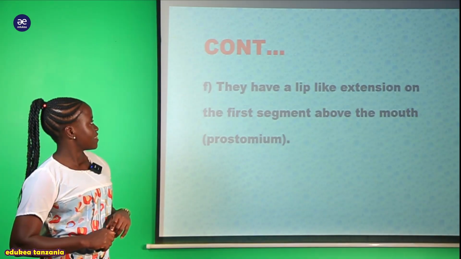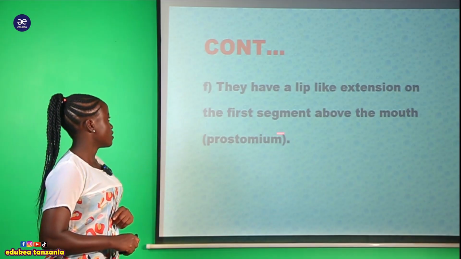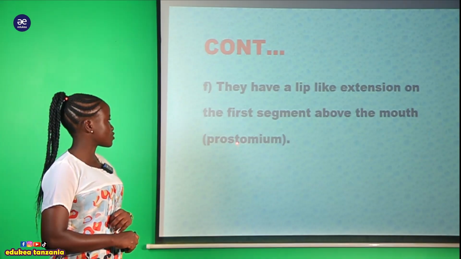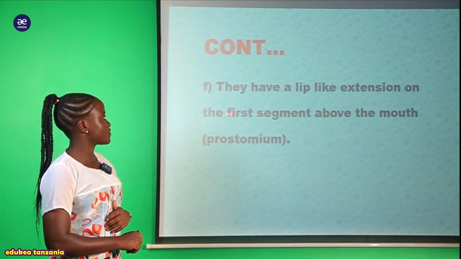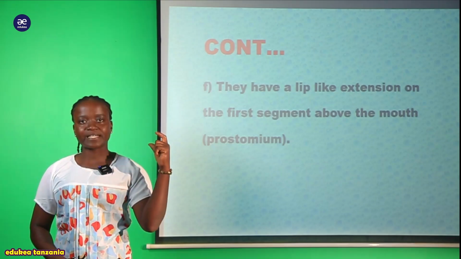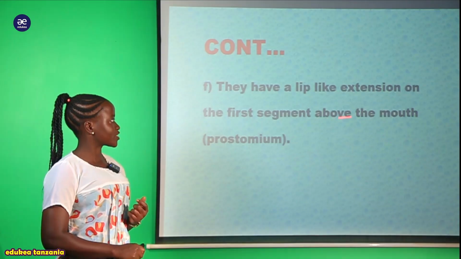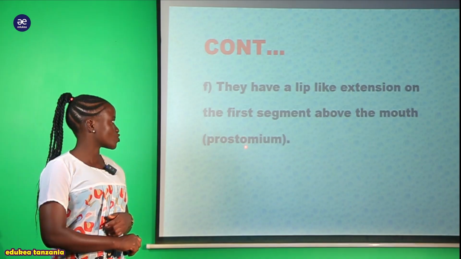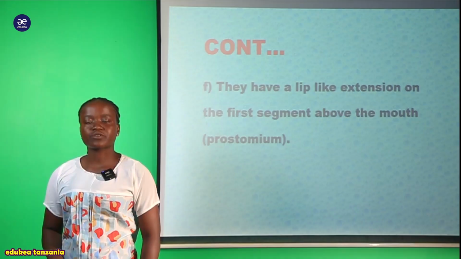We can say that they have a lip-like extension on the first segment above the mouth, which we call the prostomium. If you look at the first segment of their body, they have a lip-like extension, like a mouth. So this is the structure found at the mouth, and it is called the prostomium.